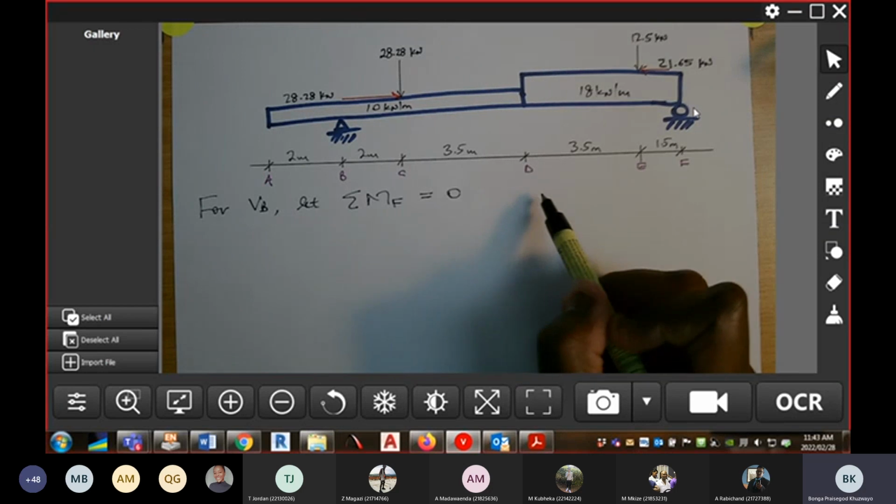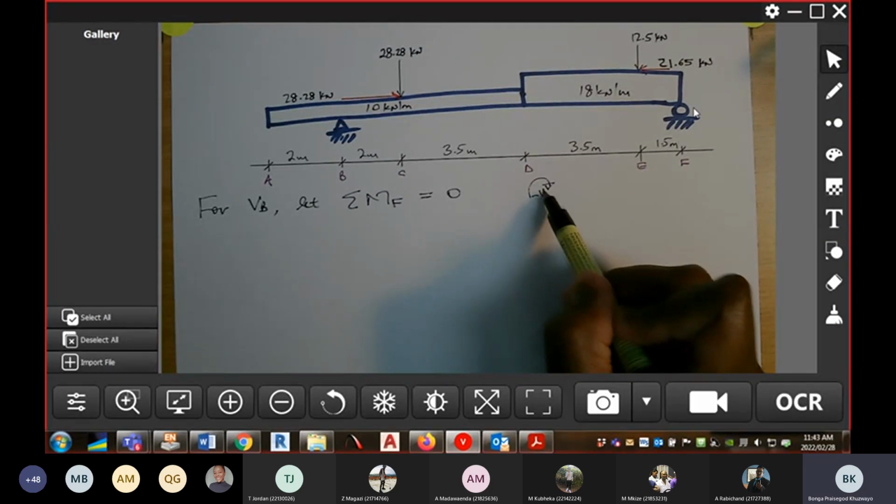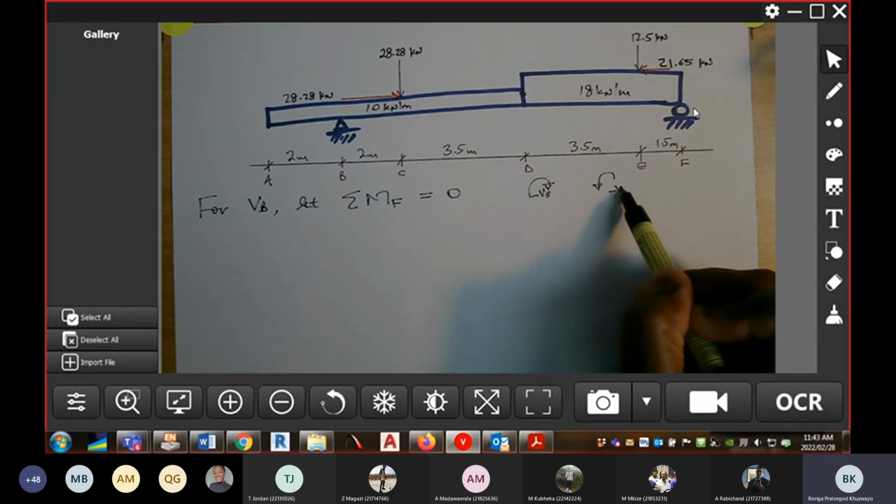And I'm gonna take clockwise as positive, anti-clockwise as negative.